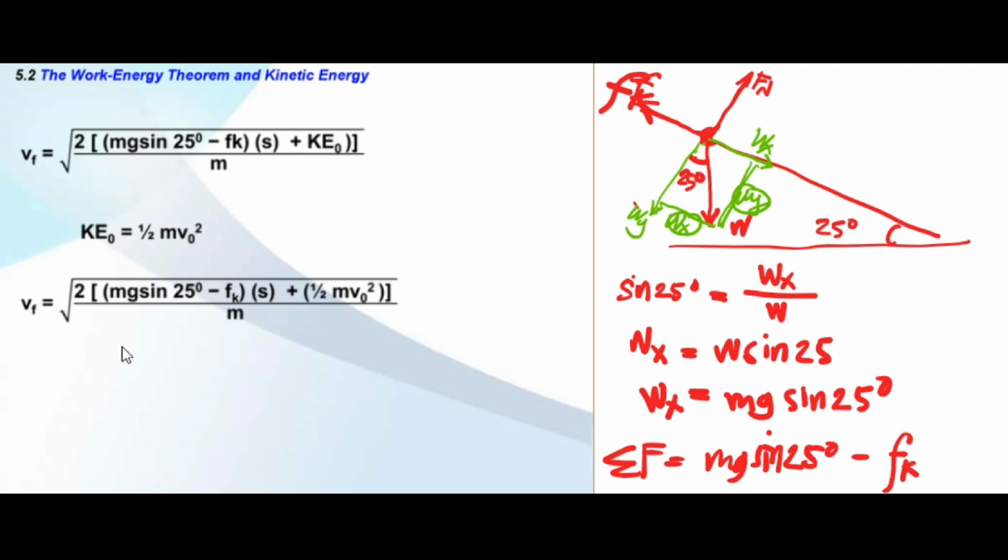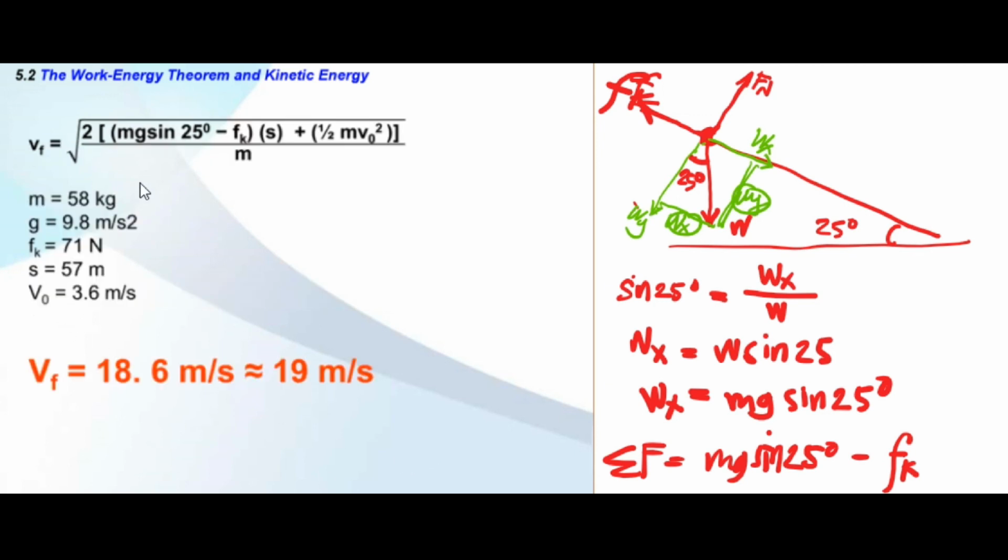So by substituting all the givens, Vf is the square root of 2 times the quantity mg sine 25 minus kinetic friction times the displacement, plus 1/2 m V initial squared, all over the mass. We get an answer of 18.6 meters per second, or almost 19 meters per second.